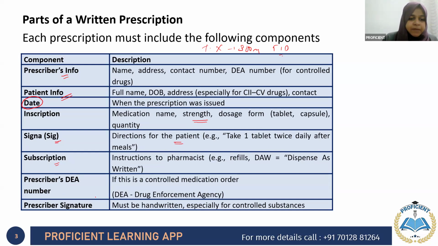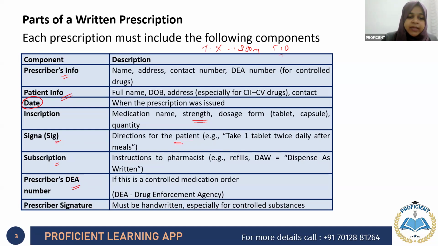And then finally, you have the prescriber's DEA number. DEA stands for Drug Enforcement Agency. The DEA number is for prescribers who prescribe internationally; those doctors who write a prescription that will be valid all over the world. Understood?